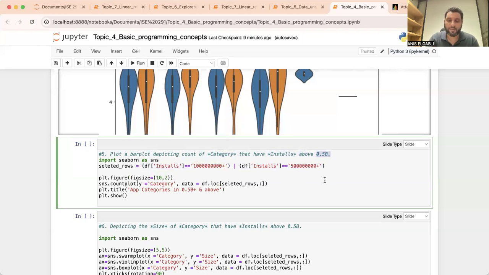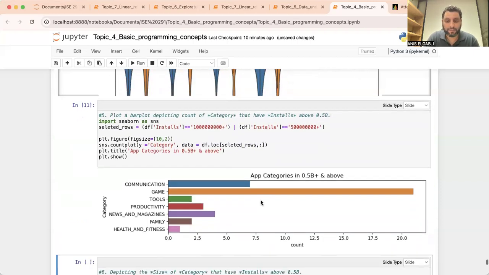So these are the two categories or choices for installs that satisfy this condition. Then we extract only this slice defined by this condition. We use or here, but we could have also used isin. So we extract only those, and only for this extracted slice, we plot the bar plot for the category attribute, and that's what we get here.